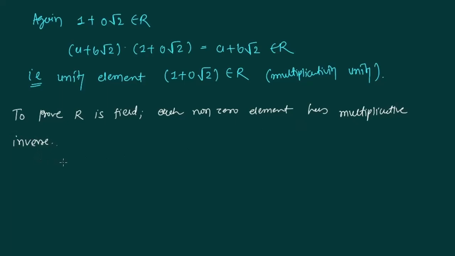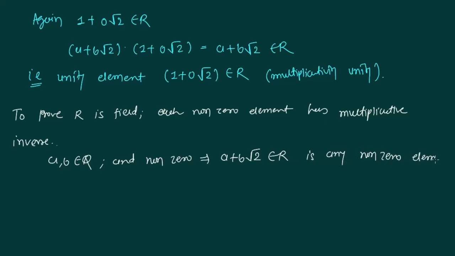So let a and b belong to Q and be non-zero, which implies that a plus b root 2 belongs to R is any non-zero element of set R. Then at least one of a or b must be non-zero.